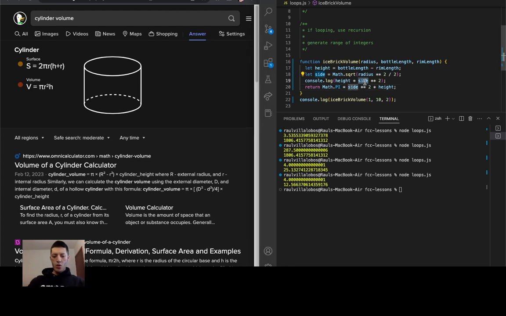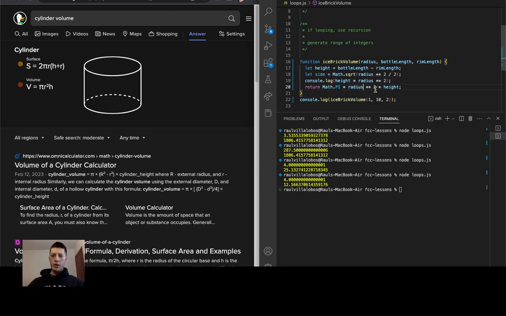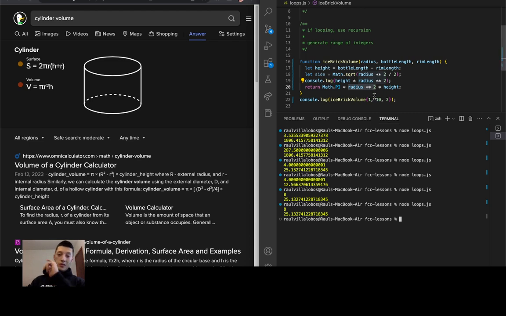It's pi radius squared, and then height, and then that equals 25. I could put it in parentheses, but it takes them away because they're not necessary.